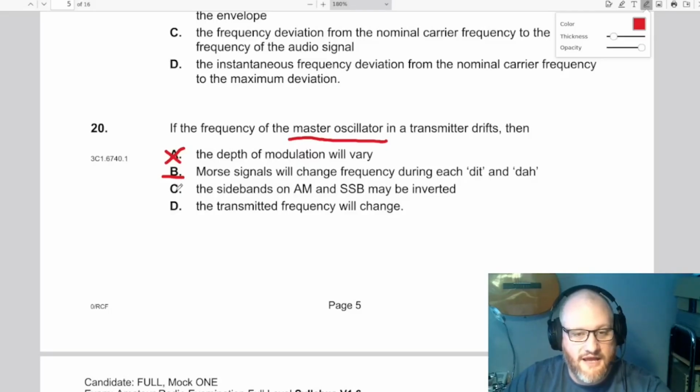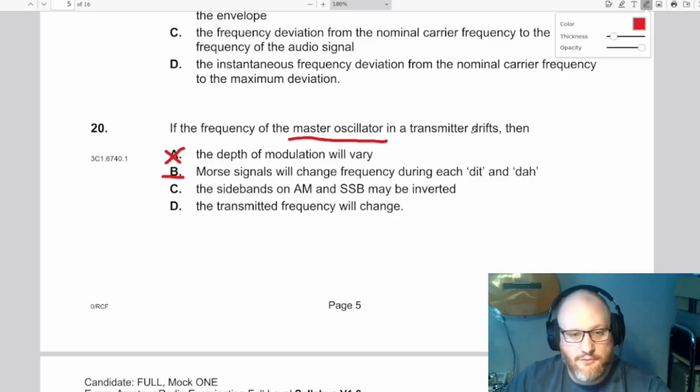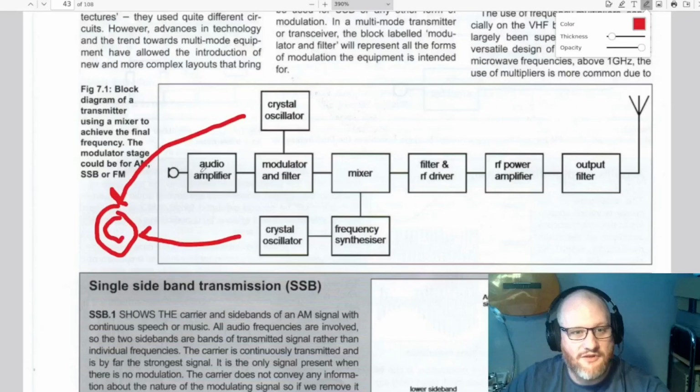C, the sidebands on AM and SSB may be inverted. Well, while you would use, say, a balanced modulator to generate SSB, and then you'd strip out one sideband, and yes, there would be some mixing involved in doing that, but you've got to remember everything is being driven from this one oscillator here.